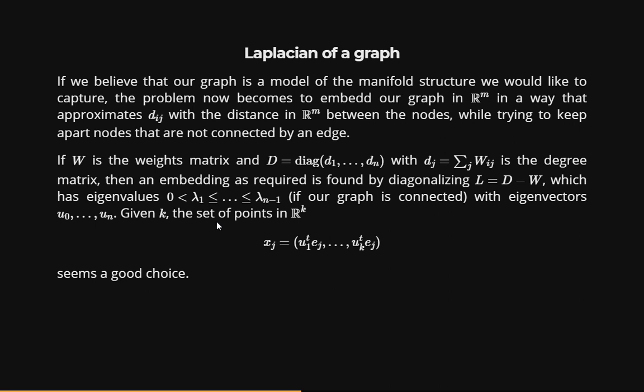Namely, you go up until a certain k, and you consider the points in Rk which are obtained like that. So xj is the jth coordinate of the first k eigenvectors. This could be a good choice. This sort of works here. Another better option is to normalize every coordinate by the square root of the eigenvalue.